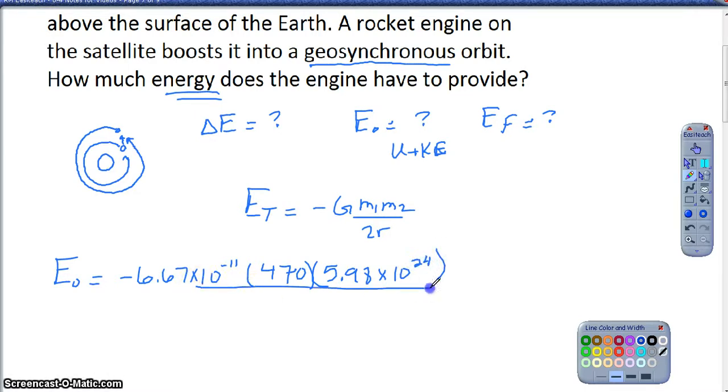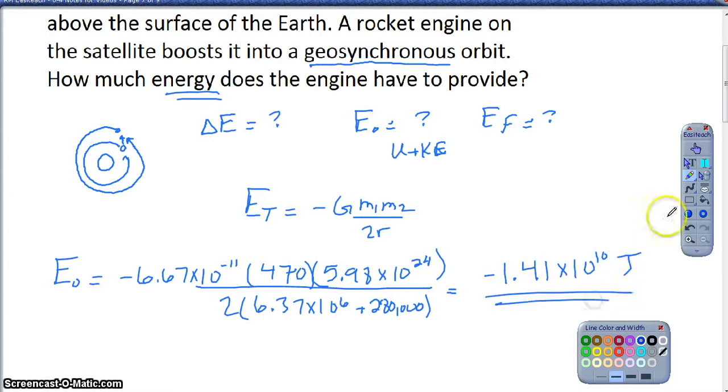Over the entire radius, so keep in mind it's not just the radius, so it's 2 times the entire radius, which would be the radius of the Earth, so 6.37 times 10 to the 6th, plus the 280,000 kilometer height, right? So there is my final radius. So when I calculate this, right, plug this all in, I end up getting a total energy of negative 1.41 times 10 to the 10th joules of energy, right? So that's how much energy it starts at.